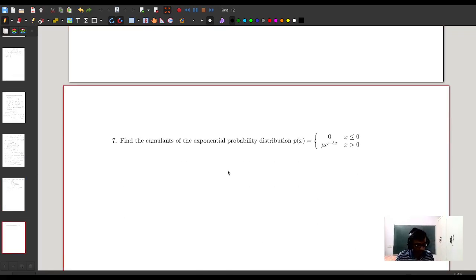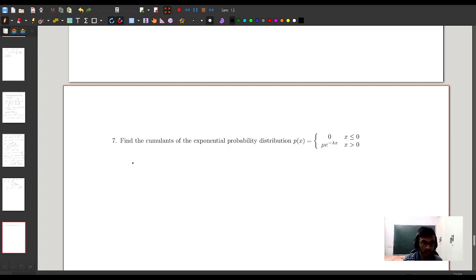Let us try to find some properties of this exponential distribution, in particular the cumulants. The story is similar.